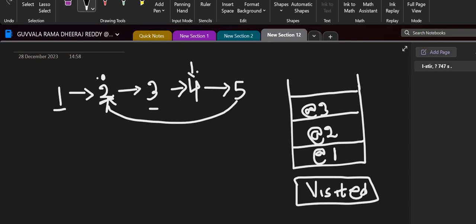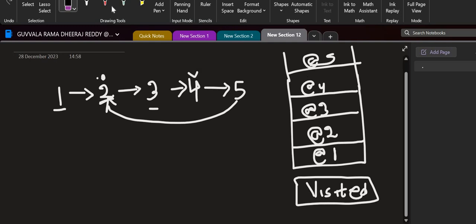If you go to 4, it will insert 4. Similarly, the address of 5 also will be inserted. And then after 5, where will it go? It will go to 2, right?